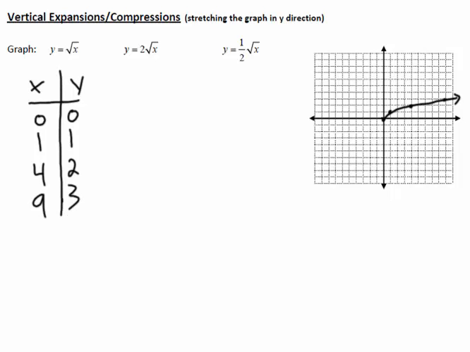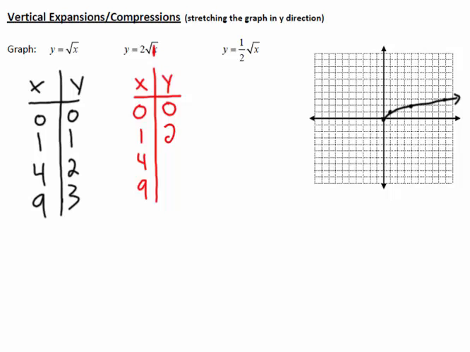So when we want to do this now, we want to do a table of values for the next function. This time we're going to put a 2 in front of the square root. Well, if we put the same x values in, 0, 1, 4, 9, we can compare to those values. If we put 0 in there, it's not going to matter, 0. If we put 1 in here, square root of 1 is 1 times 2.